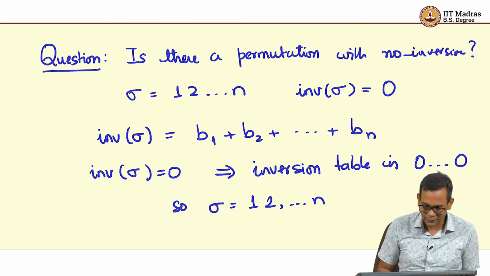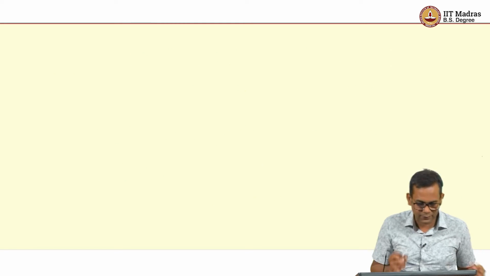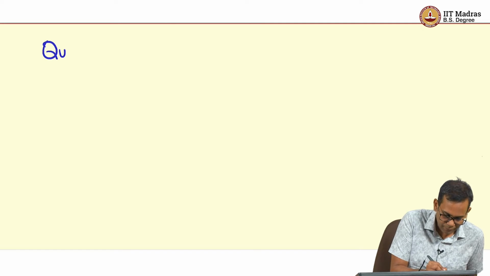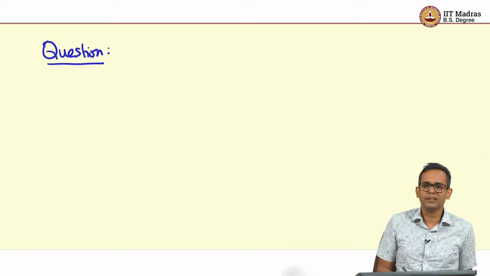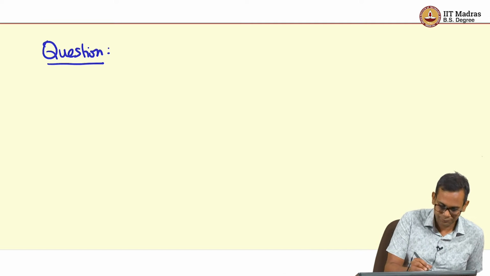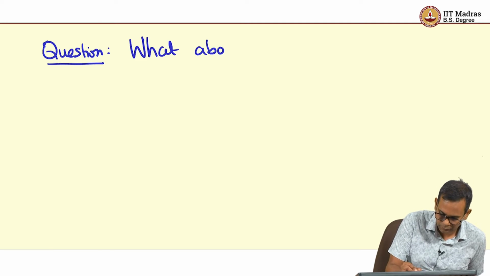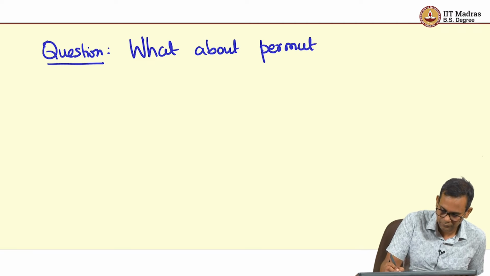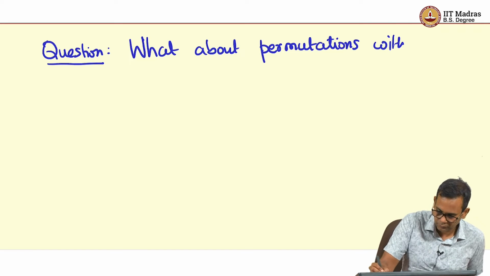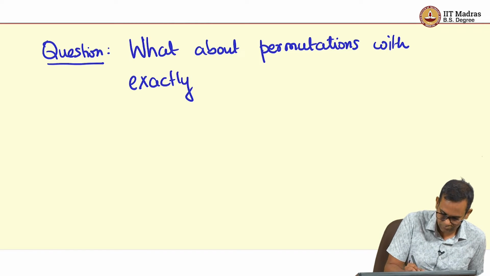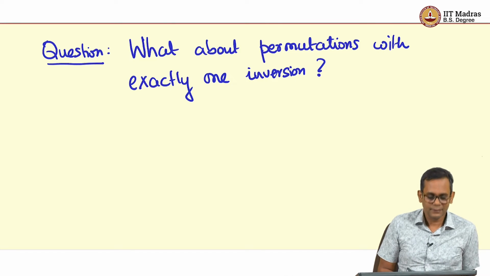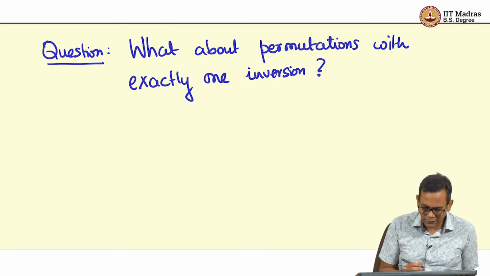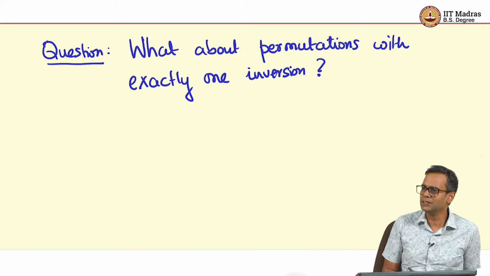Okay, that was easy. Let us make it slightly harder. What about permutations with exactly one inversion? Well, you may have guessed the answer, but let us just look at the inversion table once again.